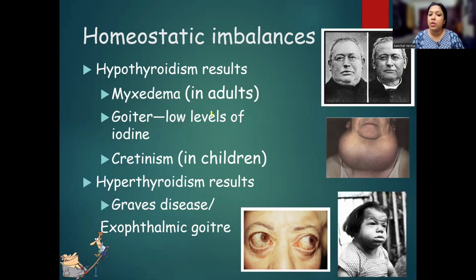If you have hypothyroidism, always remember myxedema, goiter, and cretinism. All three diseases are hypo. Hyper is the exophthalmic goiter, which is also called Graves' disease. Okay. Now there is only one hyperthyroidism where eyes protrude out.